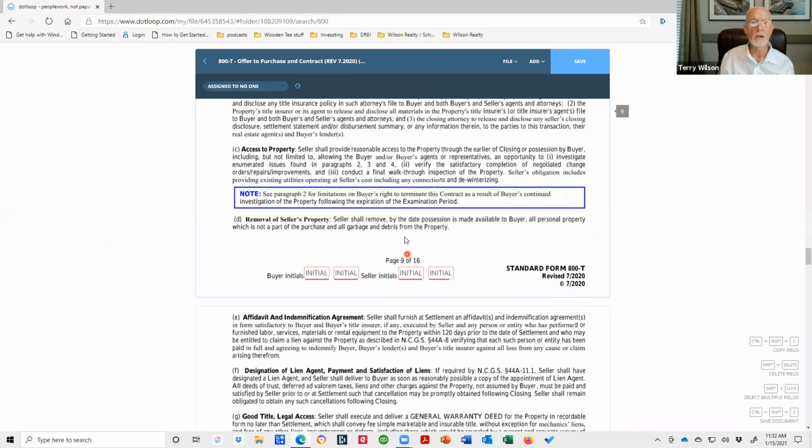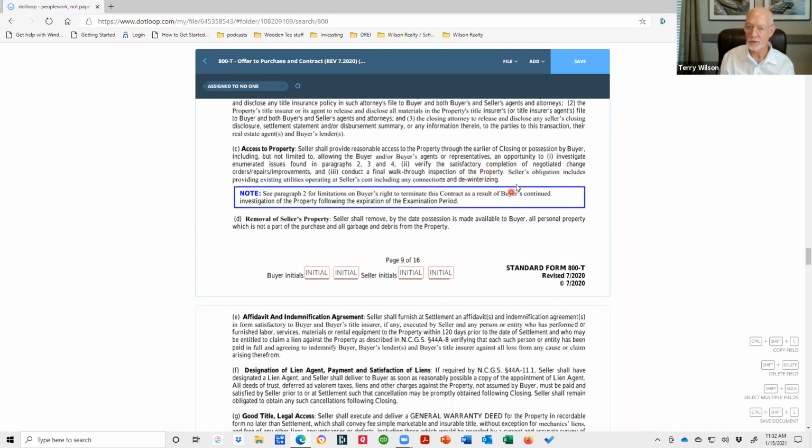Let's see. Seller will give the buyer access to the property, investigate, walkthroughs, things like that. Note the seller's obligations include providing existing utilities operating at seller's costs, including all connections and de-winterizing. This is true for resales also, folks.